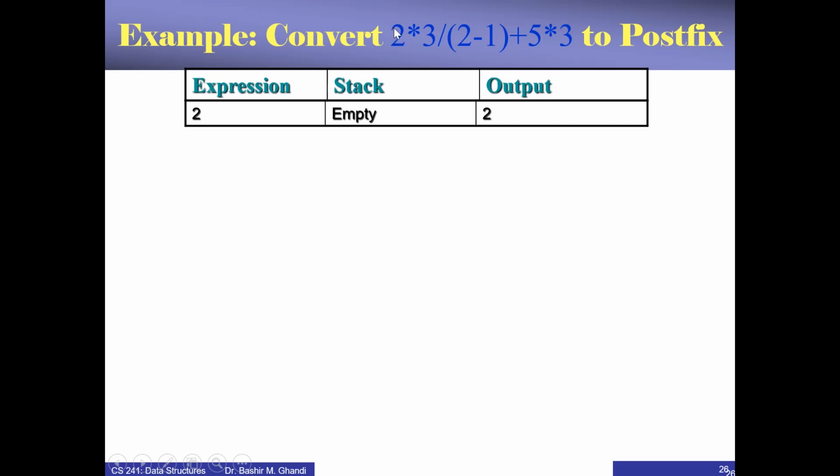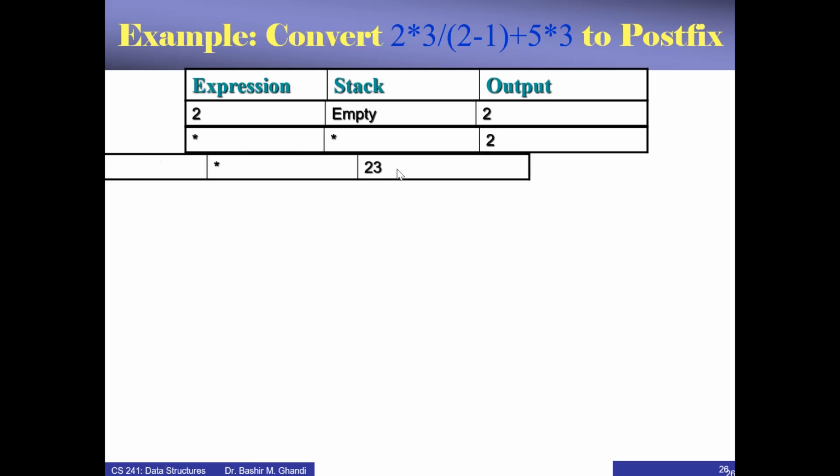So we read 2. 2 is an operand, a number, therefore just output it. Next we read a star. Star is an operator, and our stack is empty, so we will not be violating any rule if we just push that operator in the stack.